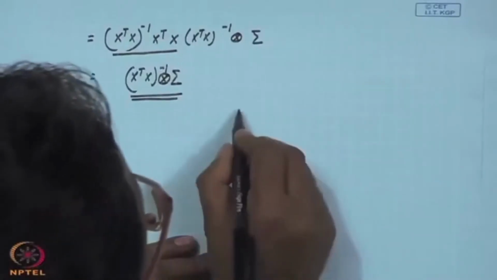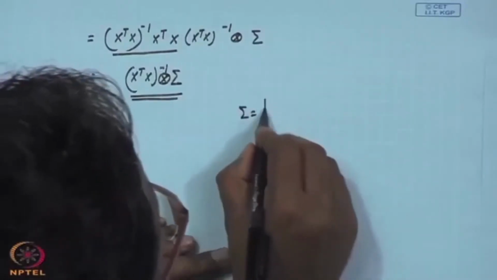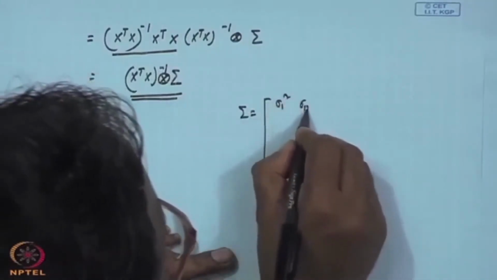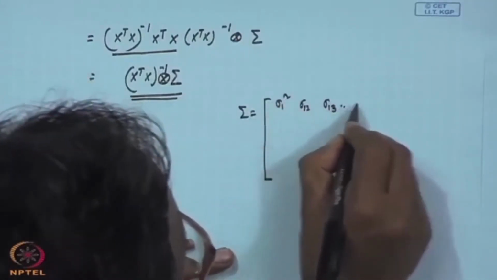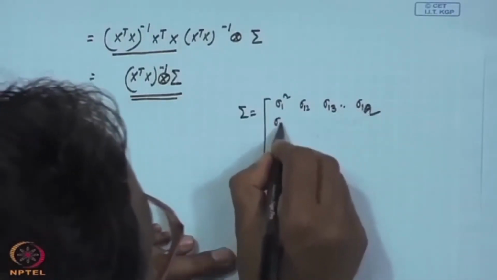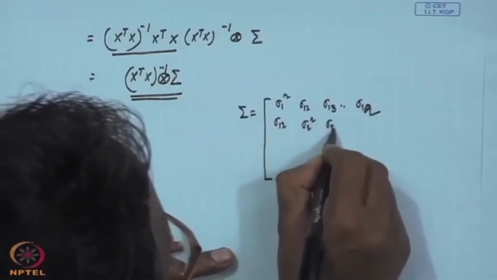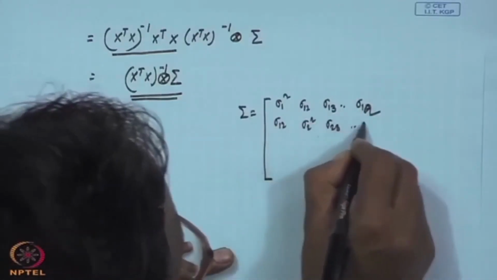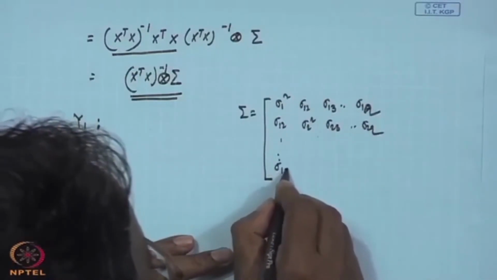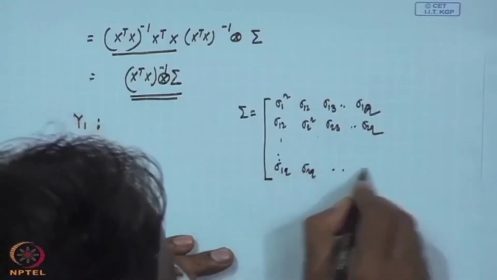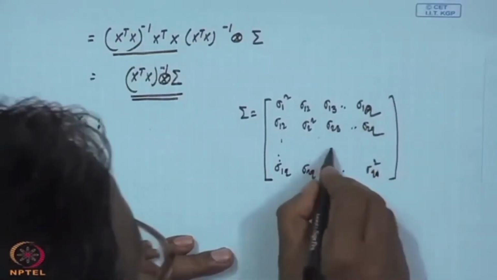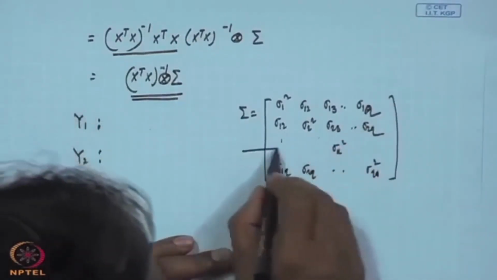So you will be using sigma, which I think I have given you earlier also: sigma 1 square, sigma 12, sigma 13, like this sigma 1q, then sigma 12, sigma 2 square, sigma 23, like sigma 2q, and in this manner sigma 1q, sigma 2q, up to sigma qq, which means sigma q square; somewhere there will be sigma k square for the kth term.